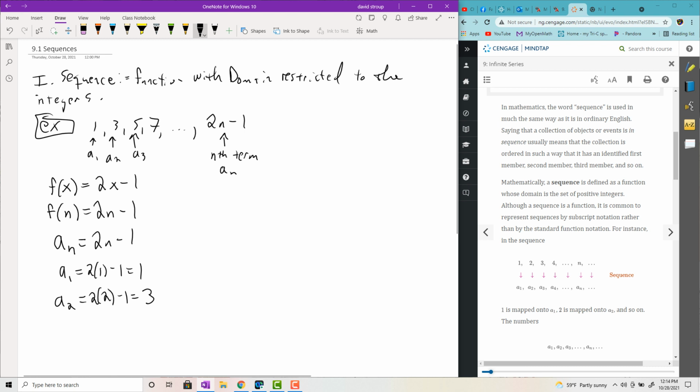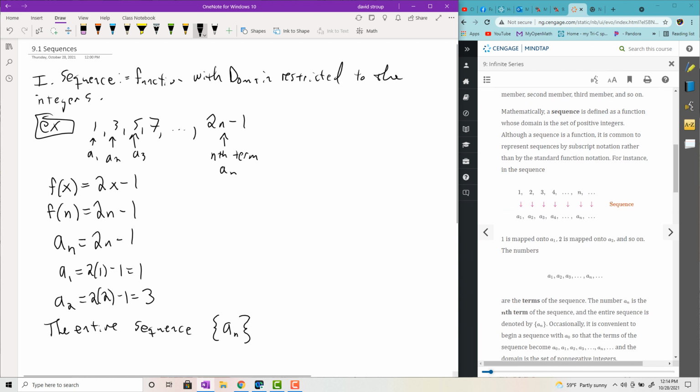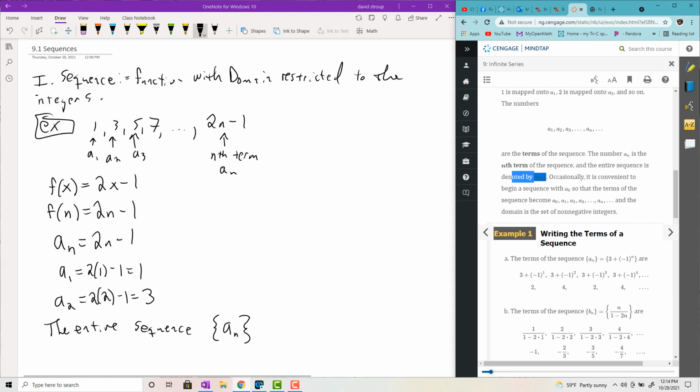When we talk about the entire sequence, it's given this curly bracket designation. You put the nth term formula inside the curly bracket. You see that here in the book: the entire sequence is denoted curly bracket a sub n.